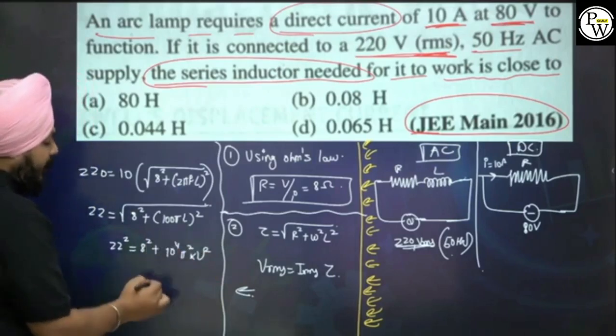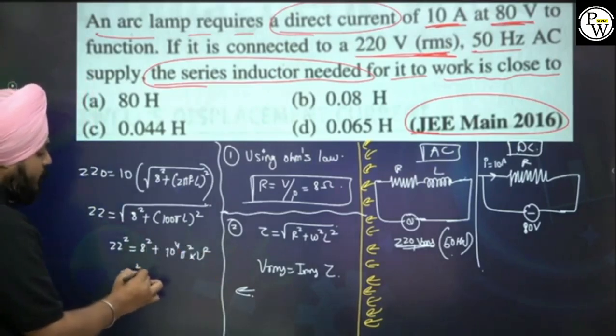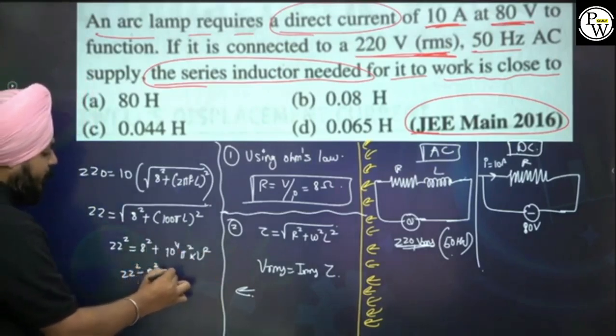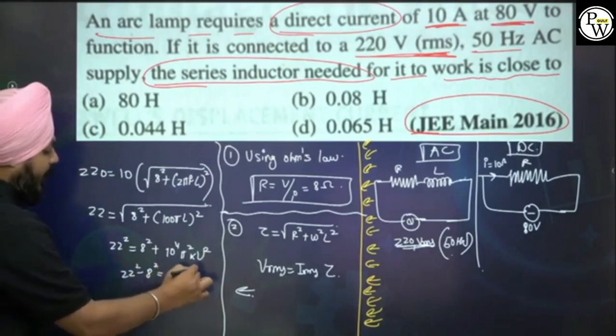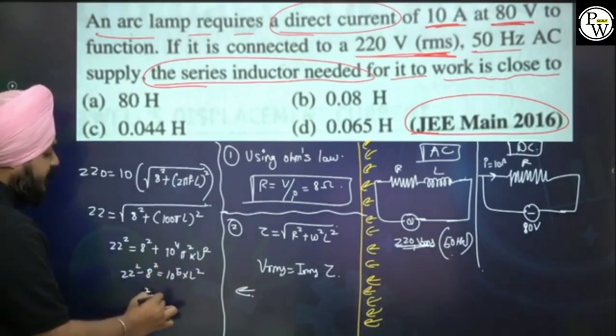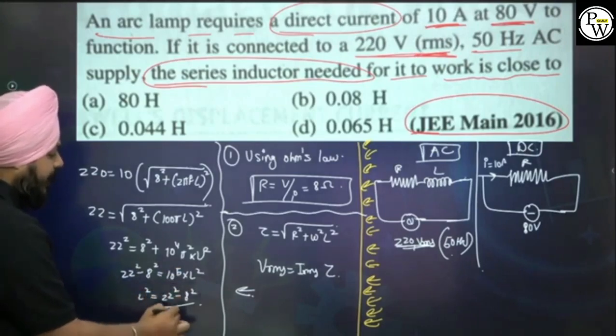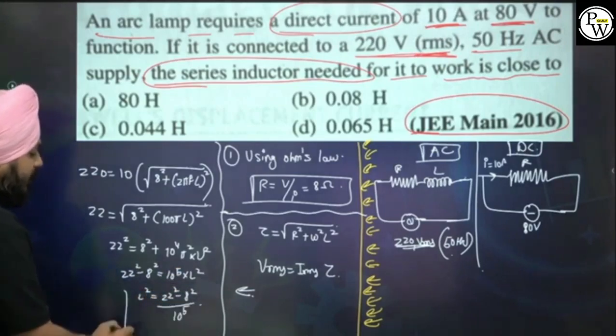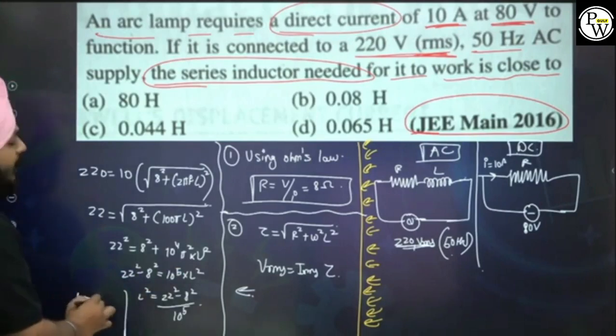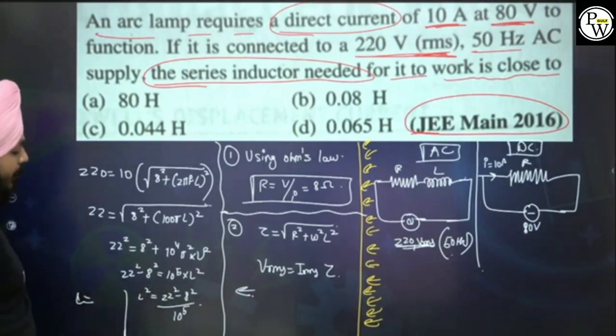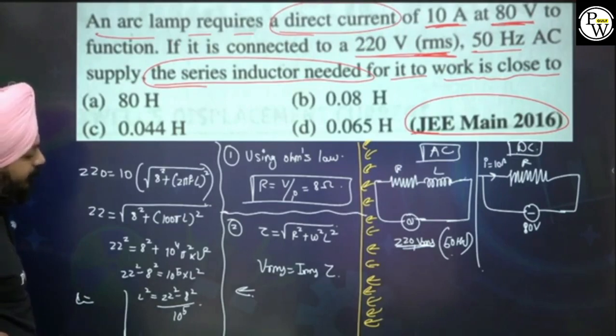Pi square is nearly equivalent to 10. So 22 square minus 8 square is equal to 10 to the power 5 into L square. So L square is equal to 22 square minus 8 square whole divided by 10 to the power 5. So your answer is nearly about 22 square, so it means 400 minus 64 by 10 to the power 5.